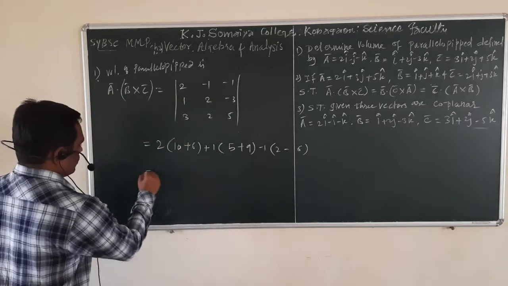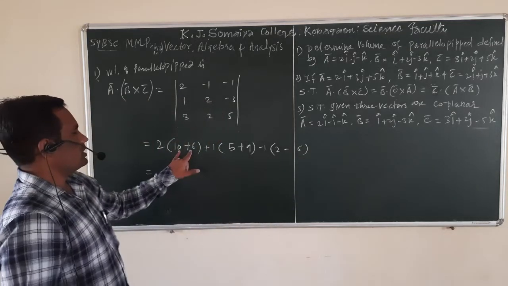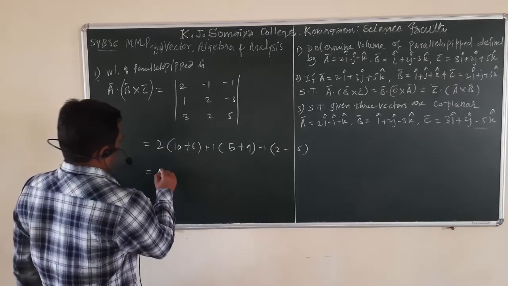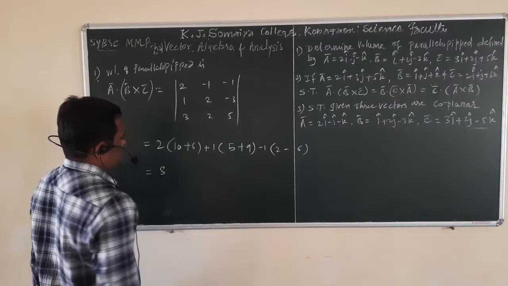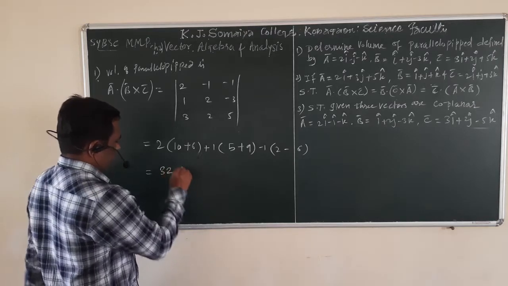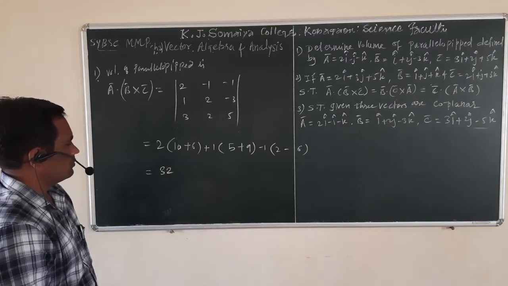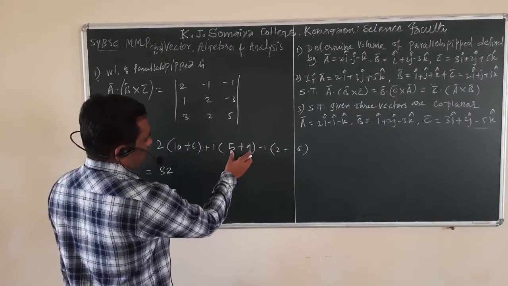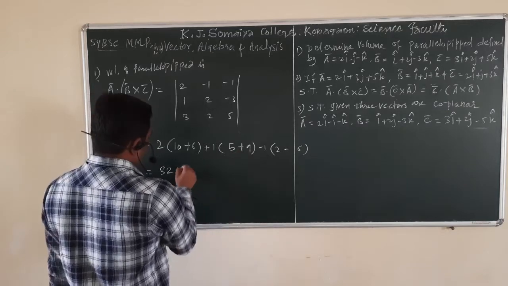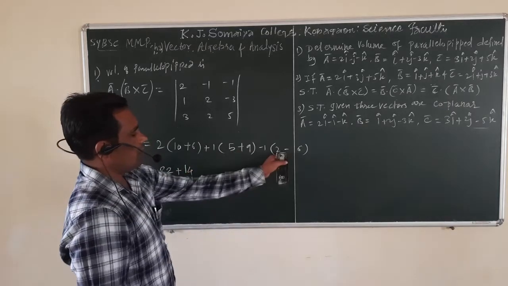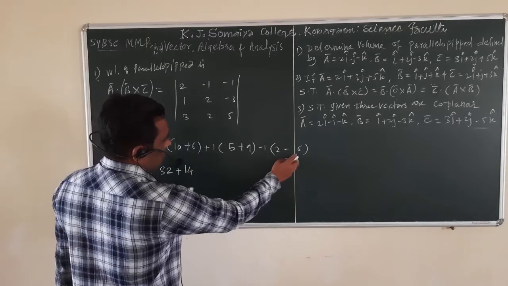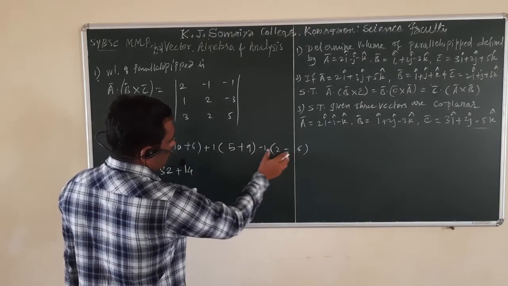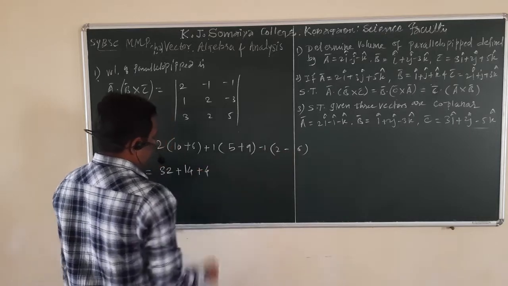So this is equal to 16 into 2, 32, plus 5 plus 9 which becomes 14, and here we get 2 minus 6 which is minus 4, minus minus plus becomes 4.